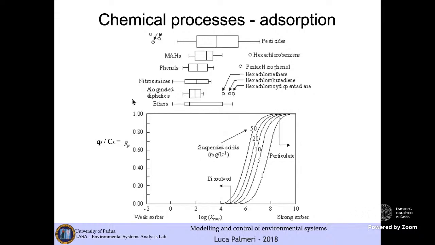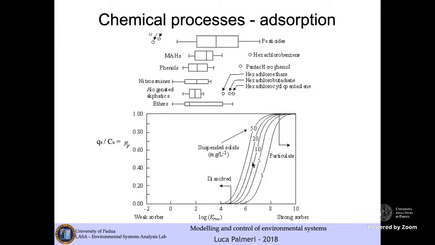and you may find that for different substances you have a relationship that is kind of a sigmoidal curve, in which, if the substance is put in contact with strong absorbers, you will find much of the substance on the particulate, while if the substance is put in contact with weak absorbers, you will find typically the substance in the dissolved phase.